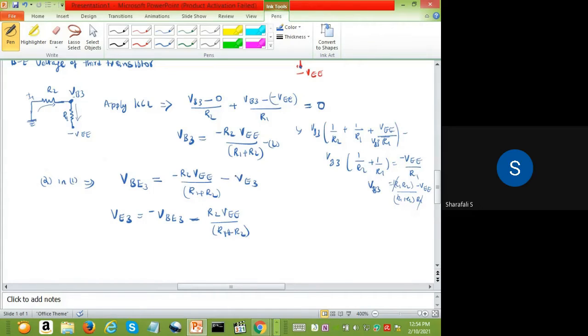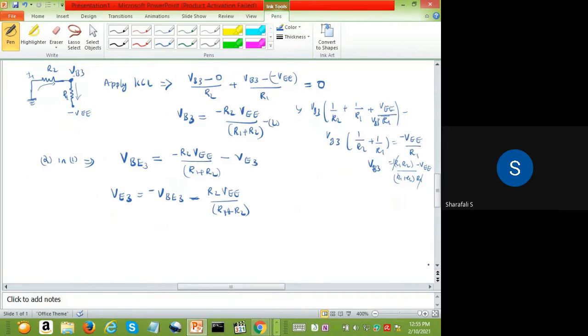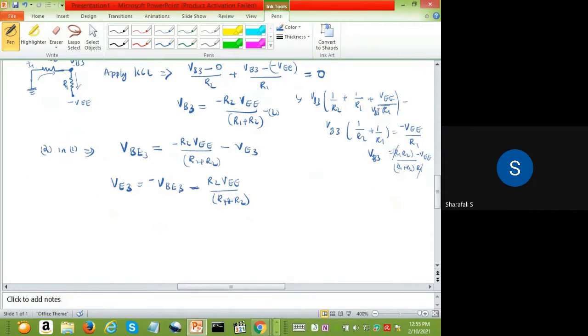Just take this VE3, this one to the other side and multiply with the negative. Okay, so this is my VE3.